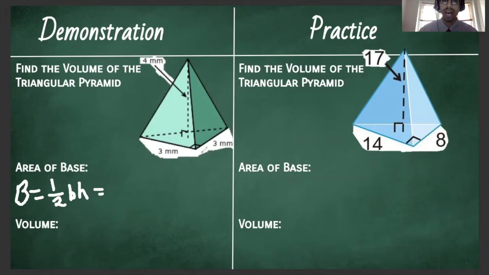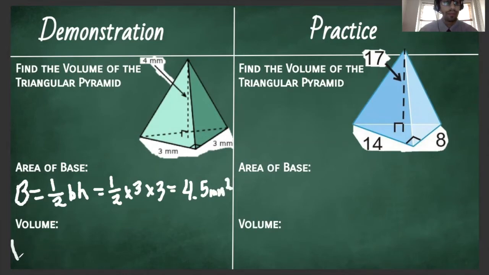Again, don't confuse the height of the triangle for the height of the pyramid, okay? I'm talking about this side over here. So if I multiply that out, I'd get 1/2 times 3 times 3, which gives me 4.5 millimeters squared, okay?